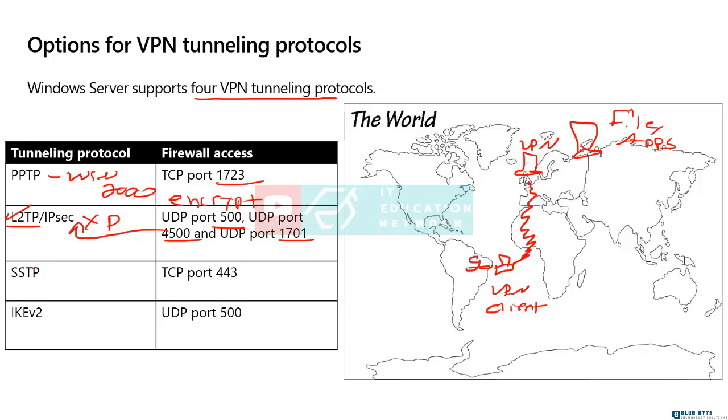Now, one of the least common, or actually from this list, one that has just never been very common, SSTP. You had to run Vista or newer for this, and it stands for Secure Socket Tunneling Protocol. This is Microsoft's version of SSL for a VPN.